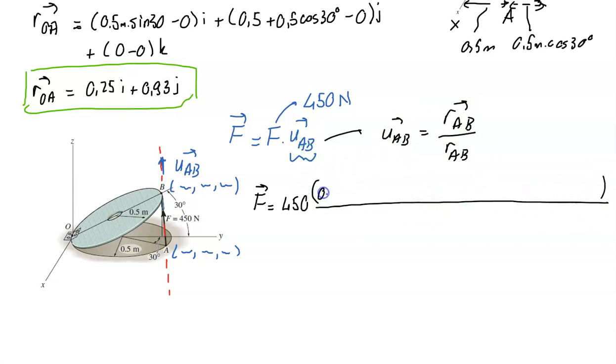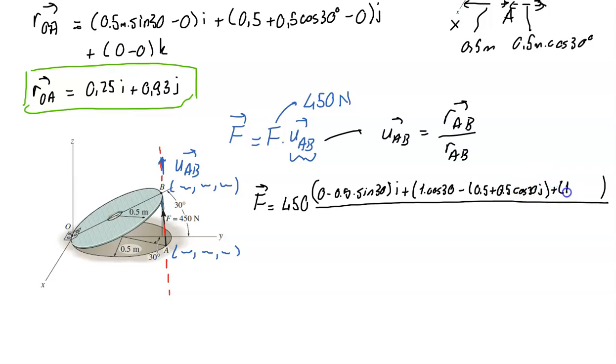It will be a bit long: 0.0 minus 0.5 times sine 30, and that's I, plus 1 times cosine 30 minus 0.5 plus 0.5 times cosine 30, cosine 30 J. I am running out of space here.